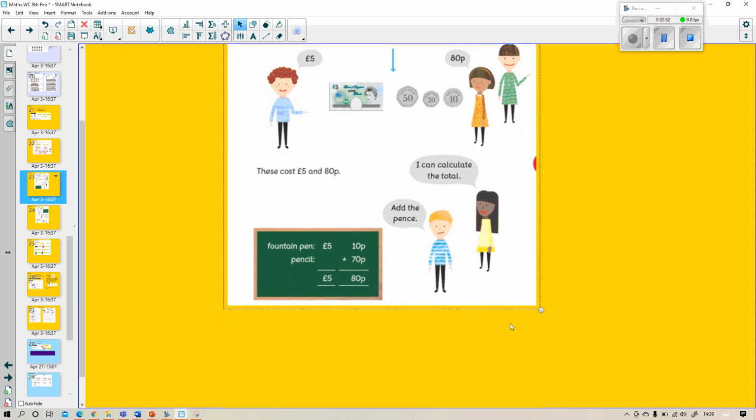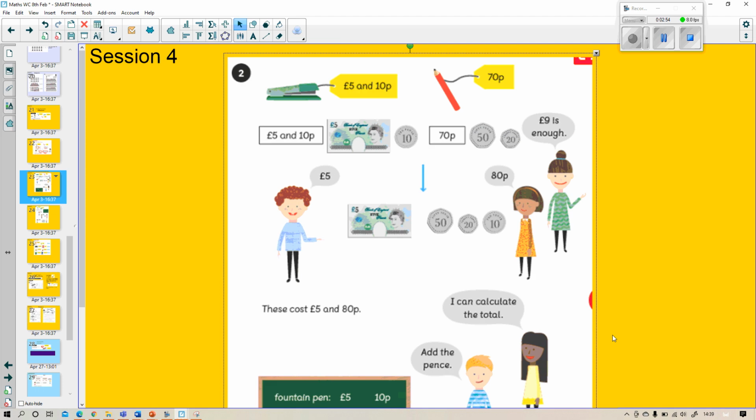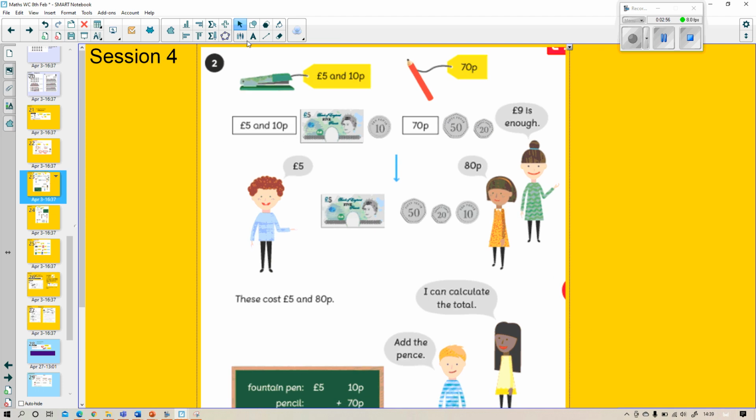Okay, step 2 on the Let's Learn. I'm going to make this a little bit bigger for you, everybody. There we are. Step 2, what if she wanted to buy the stapler and the pencil? So we know the stapler is £5 with 10 pence, and we know the pencil is 70 pence. So again, we can separate the pounds and pence and add them together. Here's our 5. And then we're going to bring our 10 pence over to join our 70 pence.